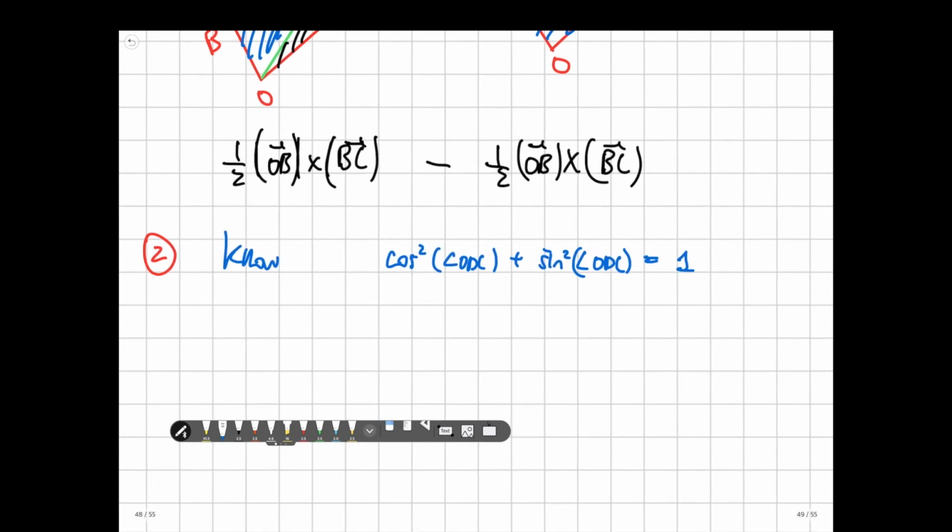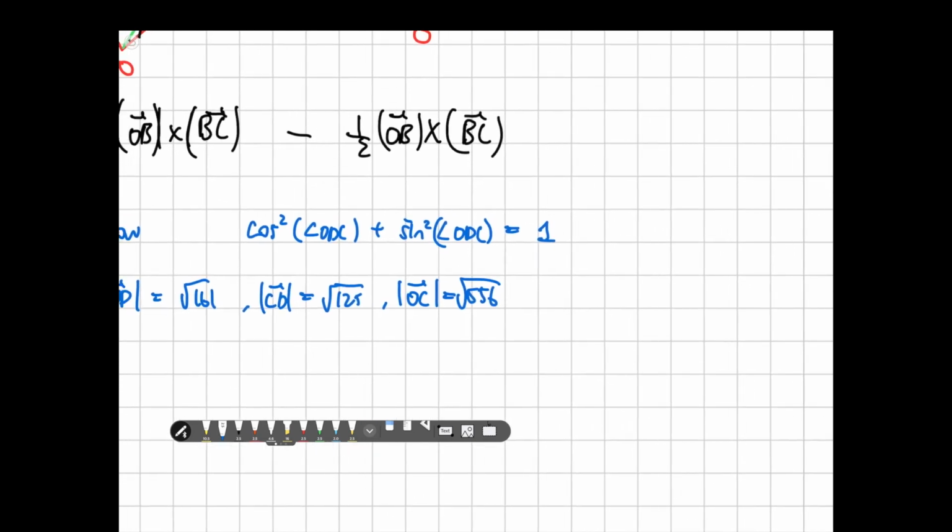So now we want to find OD, that is equal to square root of 161, and then CD that is square root of 125, and then OC, that is 556.